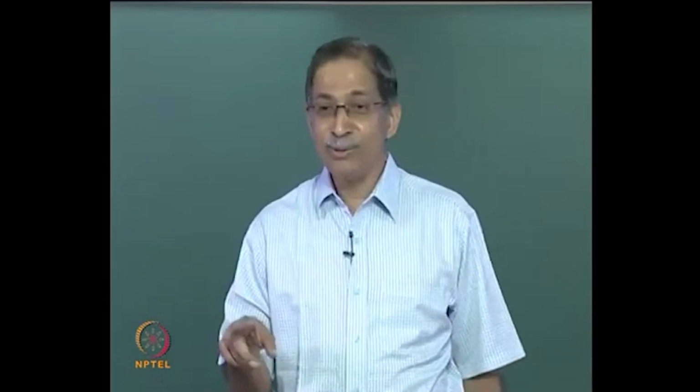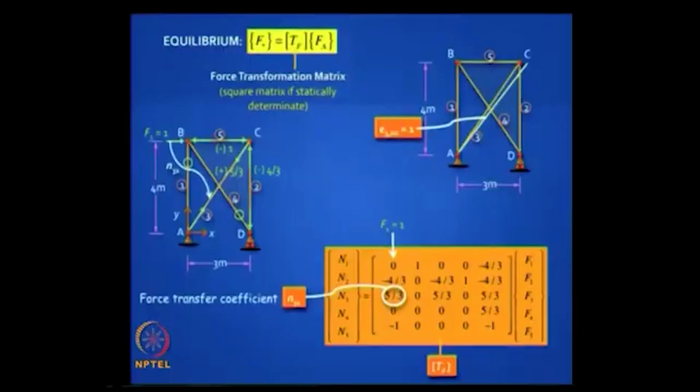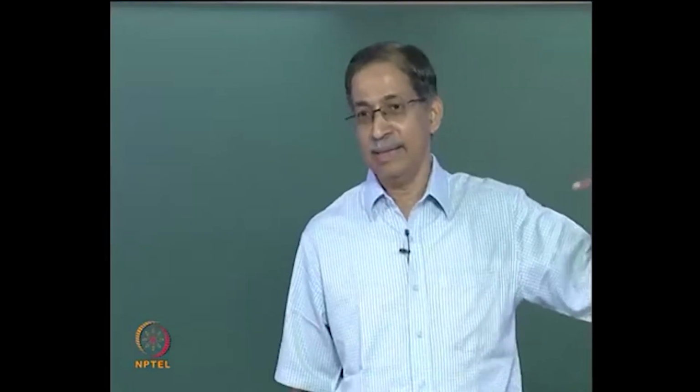Well, what you need to do is to see. Well, all the bars will move. I have heated, compatibility will satisfy. Remember, this 5 by 3 is the force you got in bar 3 when you applied F1 equal to 1.